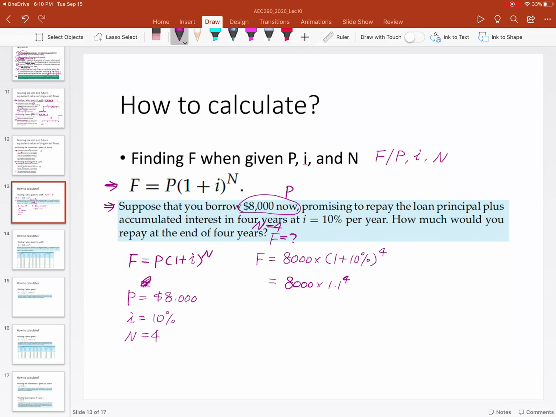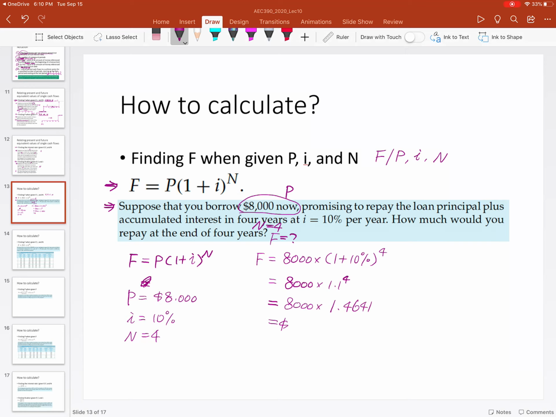Okay, let me take a look at my note. So 8,000 times 1.1 to the power of 4 is 1.4641.